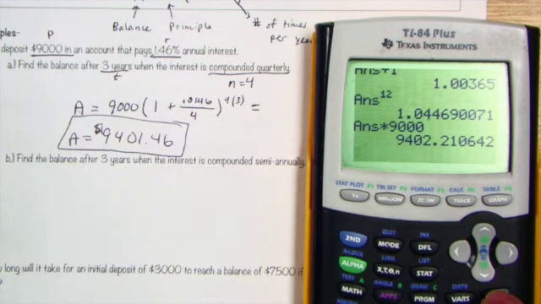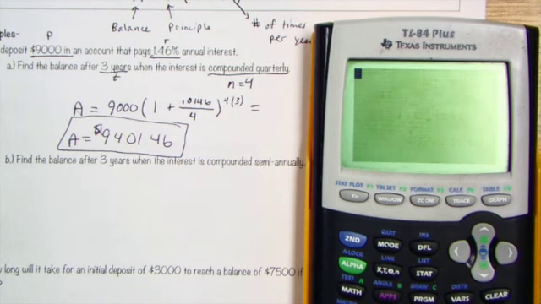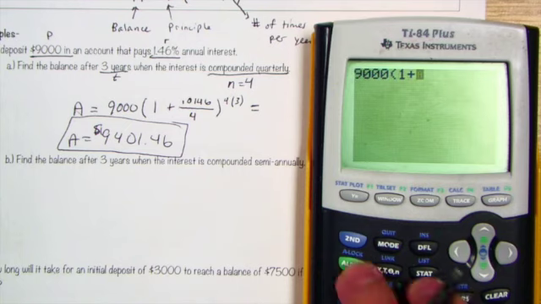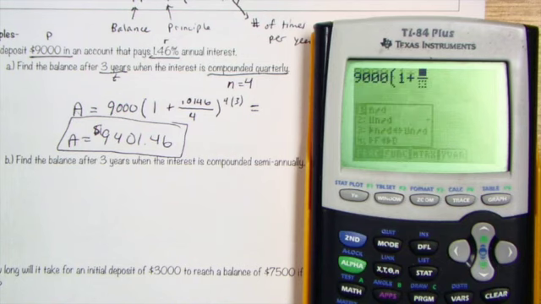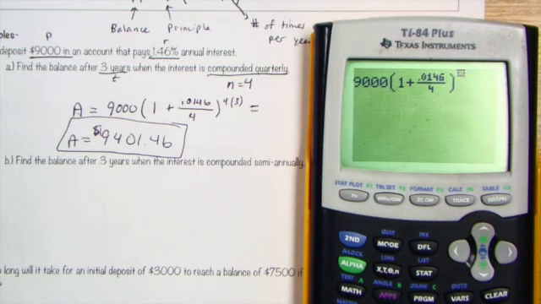Now let me just show you real quick, if you have a fancy new calculator, just how nice this is. I can do 9,000 parenthesis 1 plus, alpha y equals from my fraction, 0.0146 on top, 4 on the bottom, go out, close my parenthesis, put an exponent of 4 times 3, which is 12, and I get relatively the same answer because of rounding.